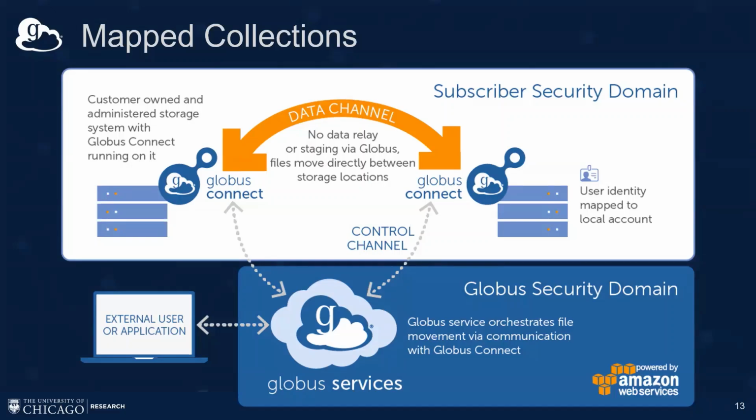This assumes that the user identity has a local account on both of those file systems. Thinking about just plain storage, server one, server two, the user has to be able to authenticate there and have an account. So user, now this says subscriber, it should really say user.